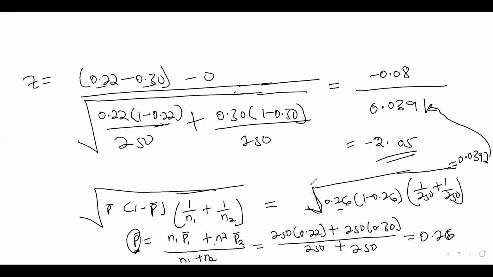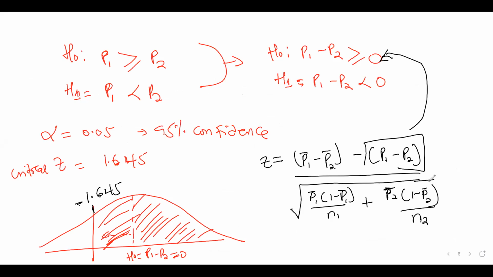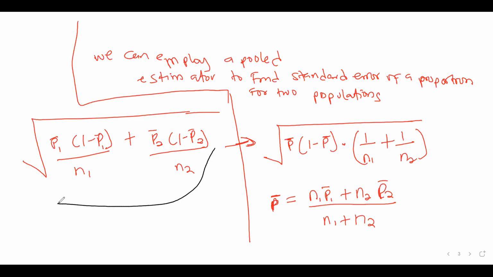So what I'm saying is that for the standard error of two population proportions, you can use this formula, like the denominator, you can use this one, or you can use this one as a standard error.